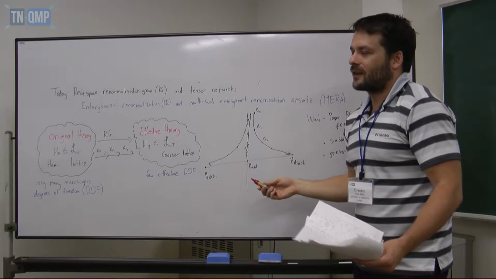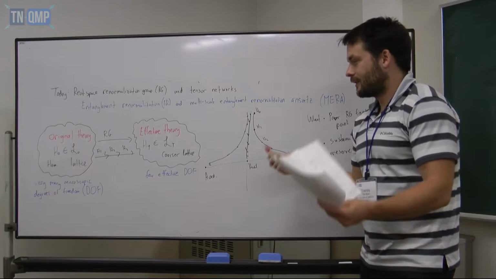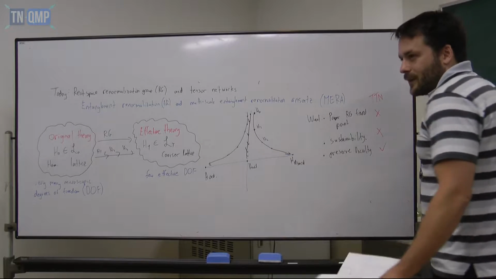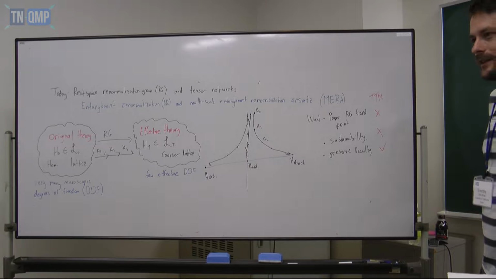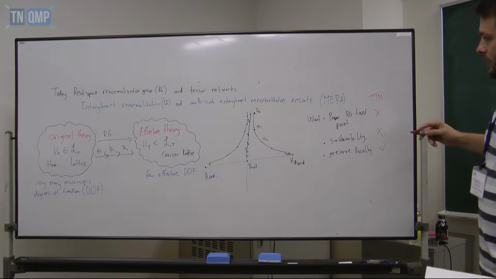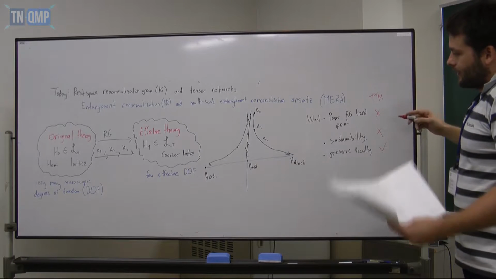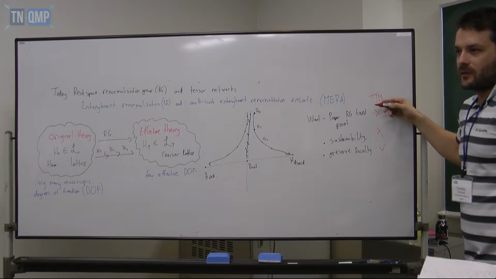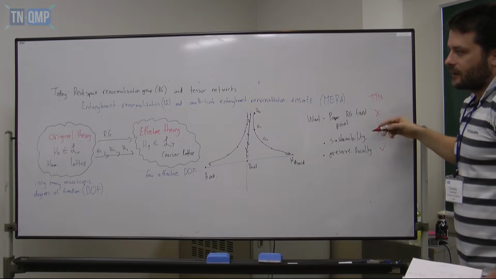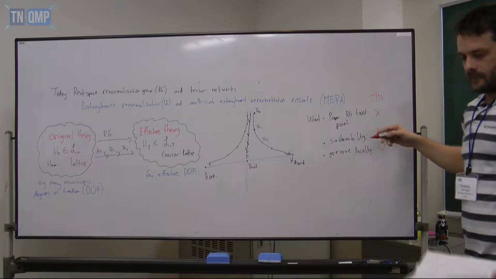Clearly it's not going to a fixed point in that sense because something is exponentially diverging. It's not the same theory. So this is a practical issue, a numerical issue, and also a conceptual issue. These are the things we want to try and address.